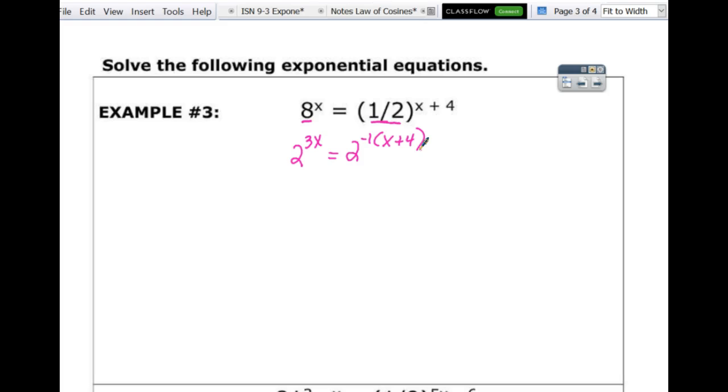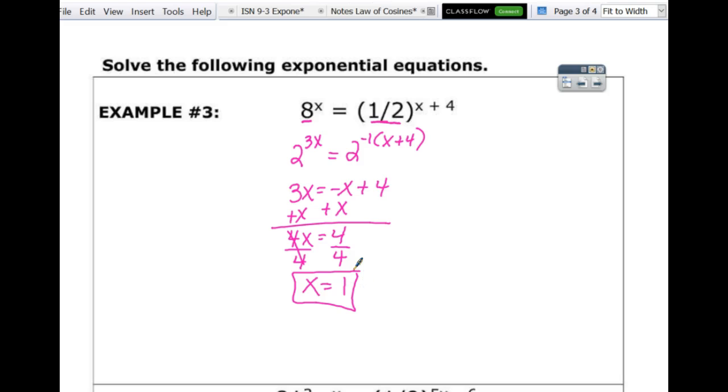So now I have common bases and I can solve my exponents. And so probably if you're confused, it's right here. It's the 1/2. And if I want it to be with a 2, how do I get the 2 to move to the bottom? Negative exponents, and it's just a 2, so it's a 1. So that's where the 2 to the negative came from.